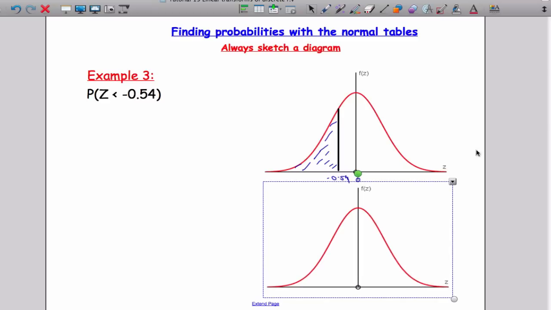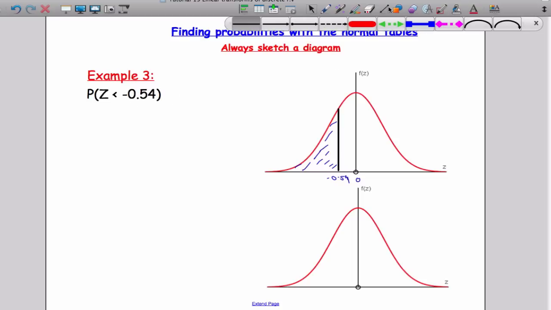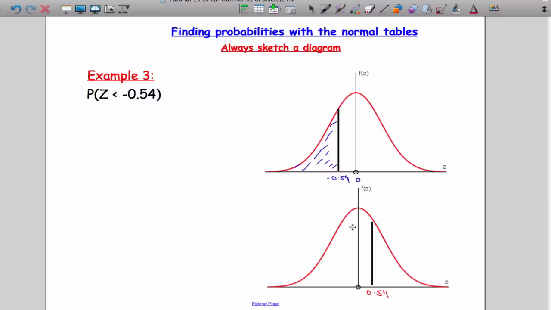If I have a look at the probability of Z being less than 0.54, not minus 0.54, which would be over here, I can get the probability that it's less than 0.54 quite easily from the table.